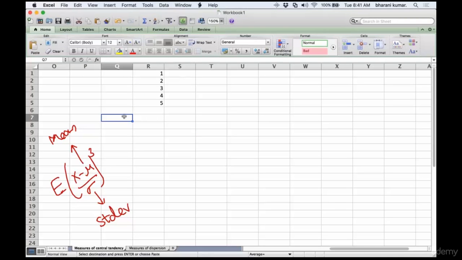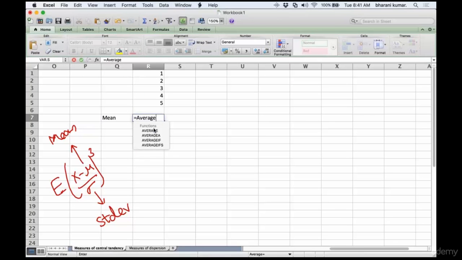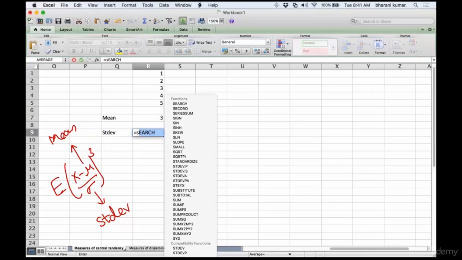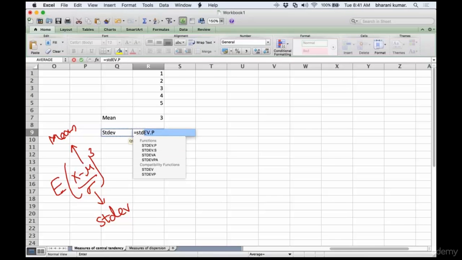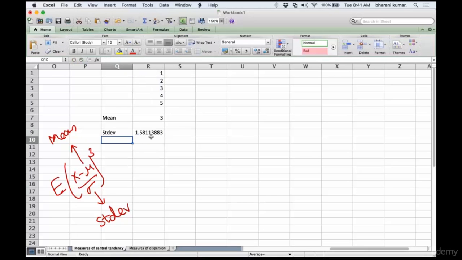So you need to calculate the mean or average. Average happens to be 3 for this data set, and then you also need to calculate standard deviation. Using the normal formula, it is going to be 1.58. So what would you do here? You'll do x minus mu, for xi, i equal to 1 until 5.